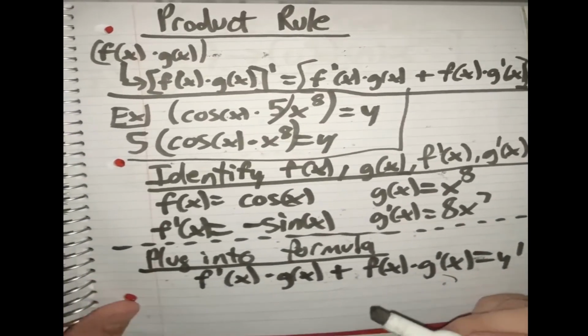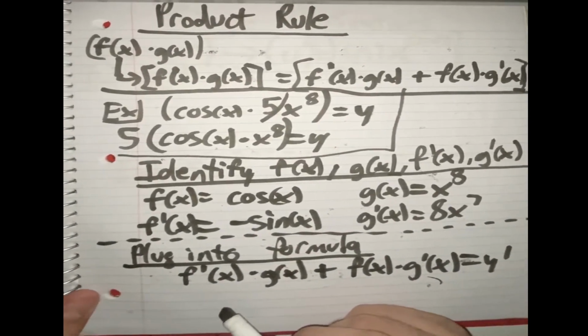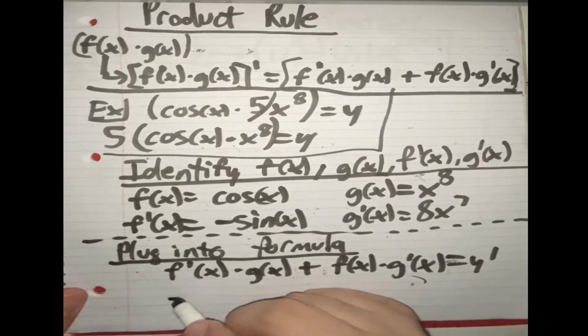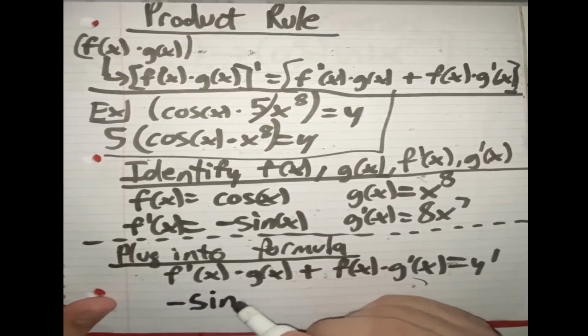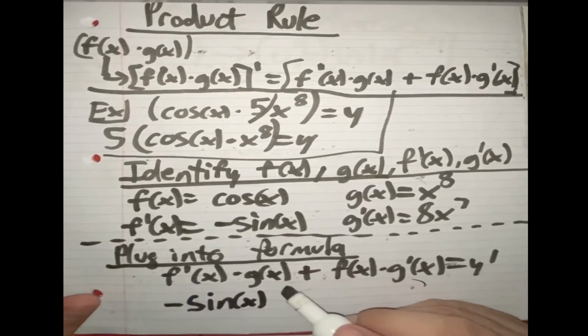So without further ado, we plug in the terms. So we have f prime of x, which is negative sine of x, times g of x.